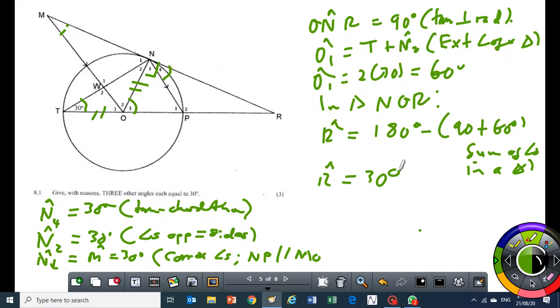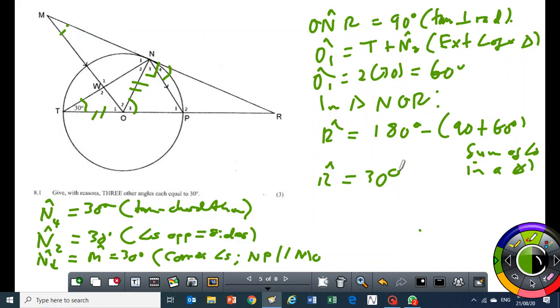The first two are easy to see. This one here might be a challenge to see. How many of you saw that? I was aware that angle M is 30, but I've got my own way of doing it, but let's not go there.